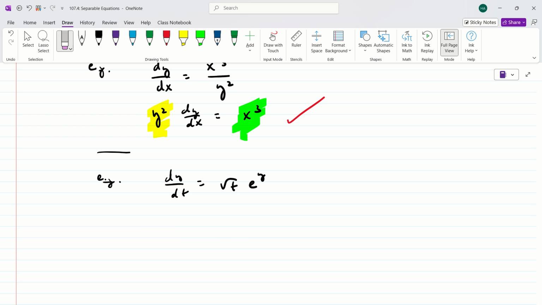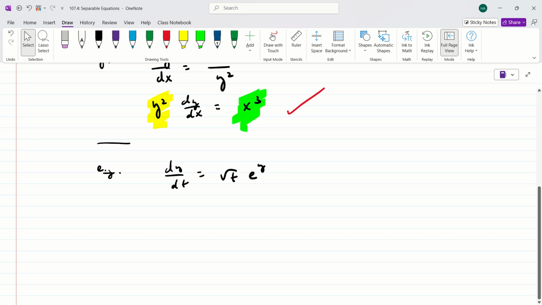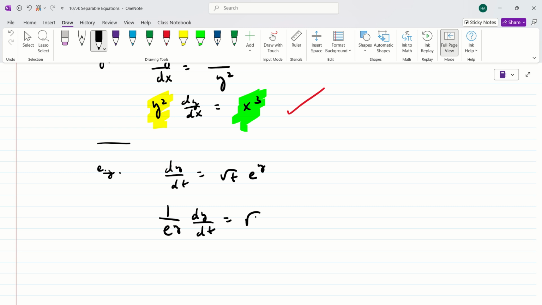And here, simply by dividing both sides by e to the y, we get 1 over e to the y dy dt is equal to the square root of t. So on the left hand side I have a sole function of y, and on the right hand side I have a sole function of t. So in fact, this is a separable differential equation.